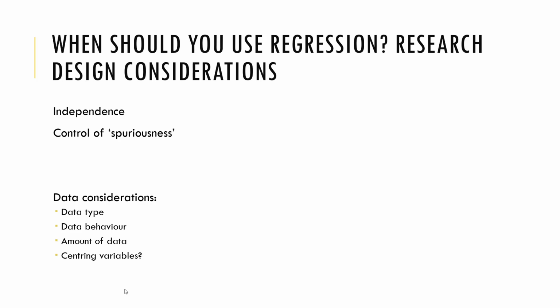The data considerations there, as I've mentioned, so your outcome variable has to be scale level, or continuous, so it measures at the interval or ratio level. Your predictors have to be either scale level, or they can be dichotomous. So that means a categorical variable, but with only two categories. And we would usually code that as 0 and 1.